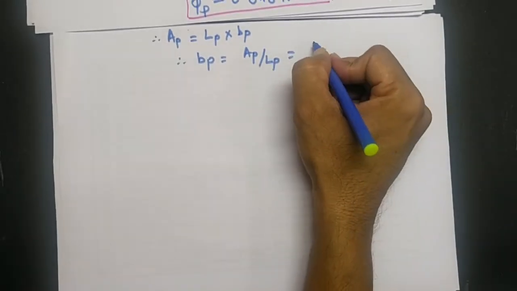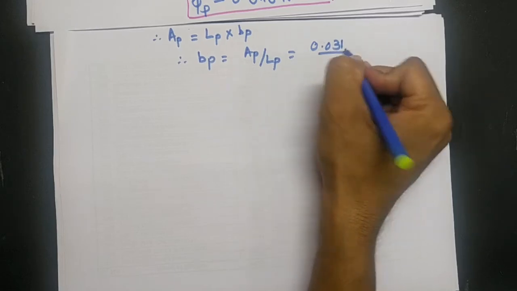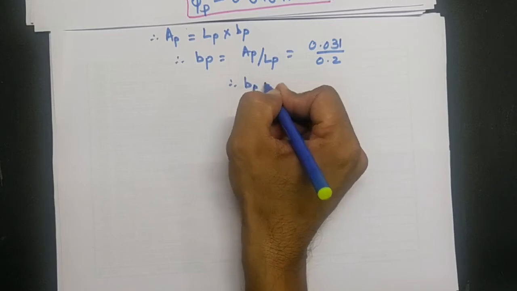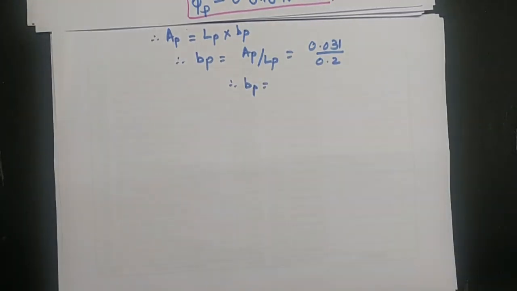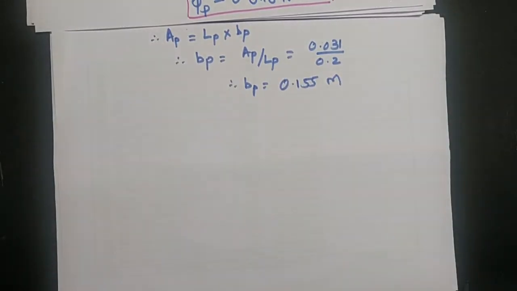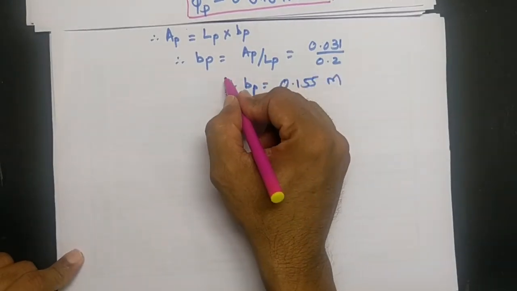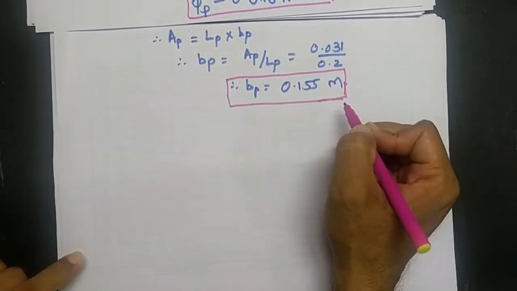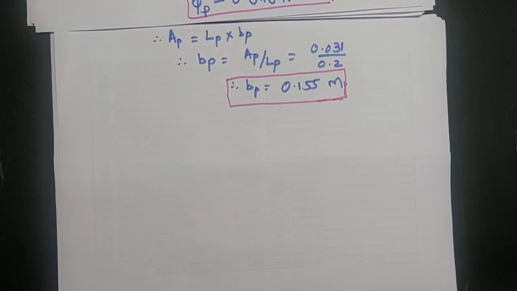AP is 0.031 meter square and LP is 0.2 meter, and therefore width is 0.031 divided by 0.2, that comes to 0.155 meter. So width of the pole we have now calculated. Length and width are very simple to calculate, but height of the pole is a bit difficult.